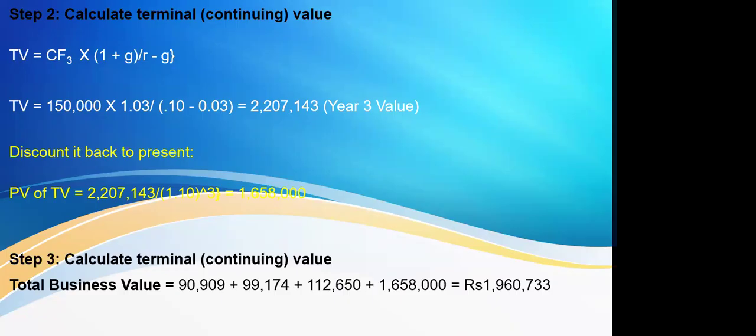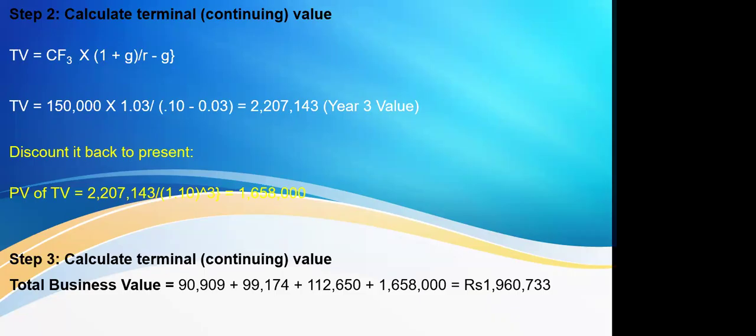Excuse me, sir. Oh yes. 150,000 into 1.03 is understood. Yeah, that is the business value for year 3. But the division by discount minus G is not understood. Yeah, okay, fine. Very good.